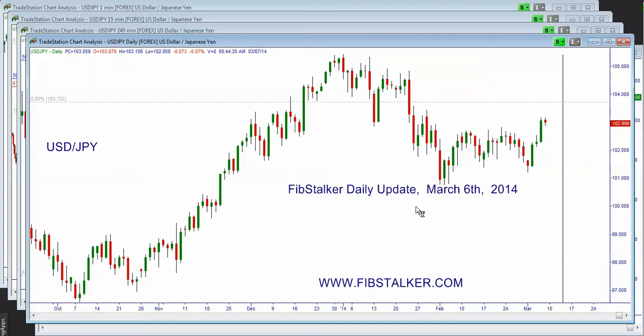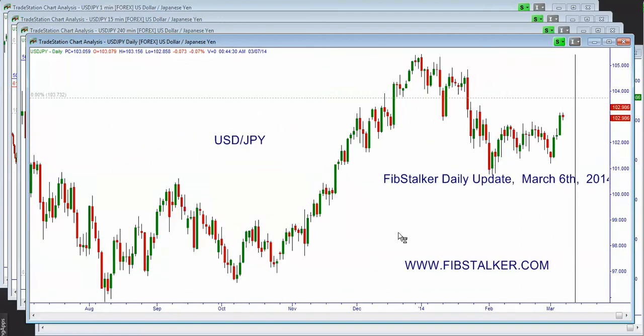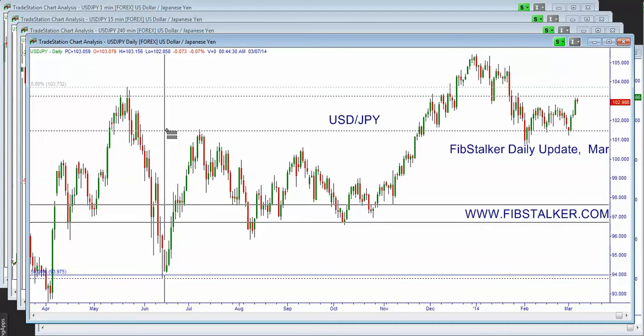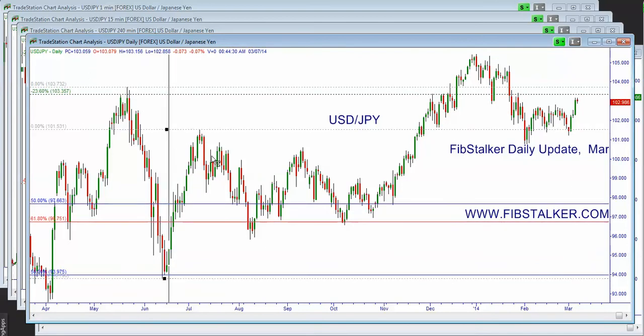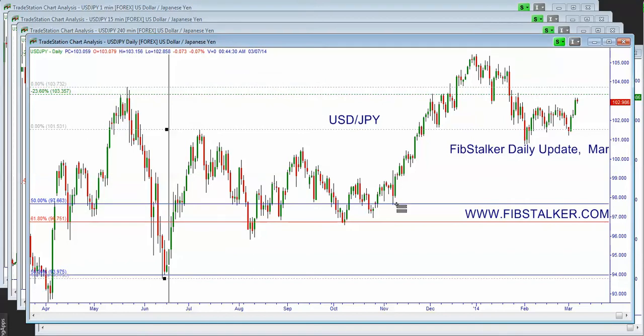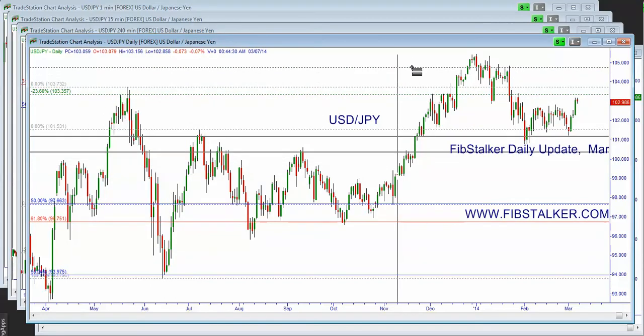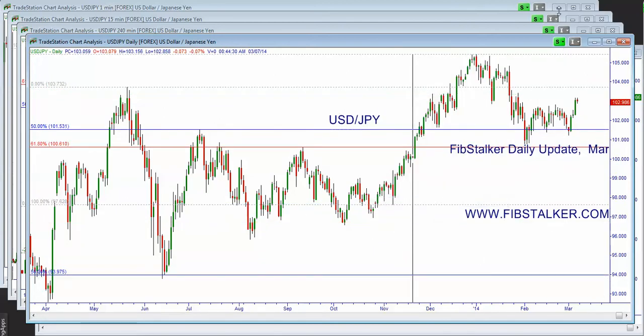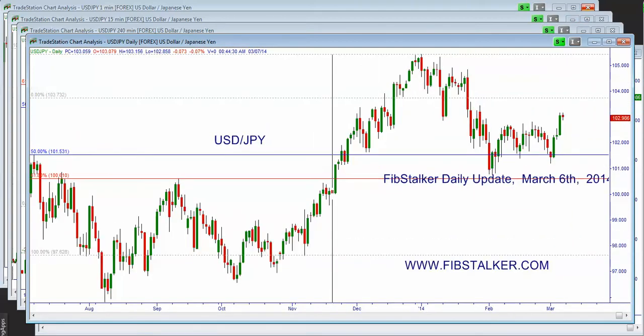US dollar versus Japanese yen, and those who follow me know that this market has been showing a sequence of measured moves, and I'm going to review this sequence for you here. 97.66 was the first target, and after that I had the second measured move in this inner sequence traced from the previous 50% line here.